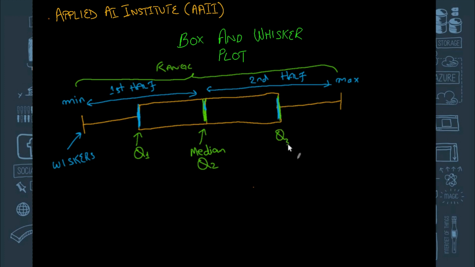This is the Q3 point, and these three points, Q1, Q2 and Q3, distribute our data in four parts. This is the first part of our data, this is the second part, this is the third, and this is the fourth, all the way to the max value.